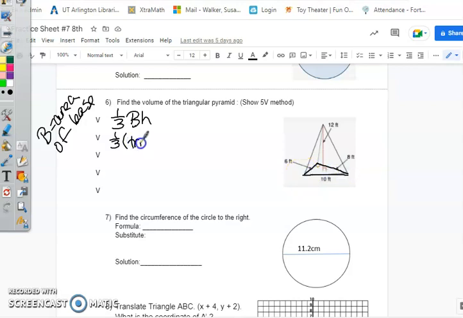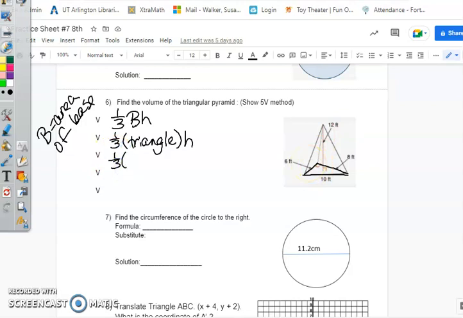So this is a triangular pyramid. I should just put triangle. Triangle. Spell today. Triangle, and then put H. Okay. That's this H here. Okay. So 1/3.